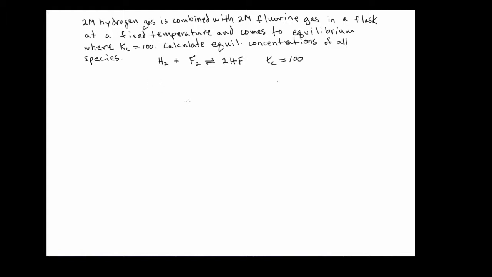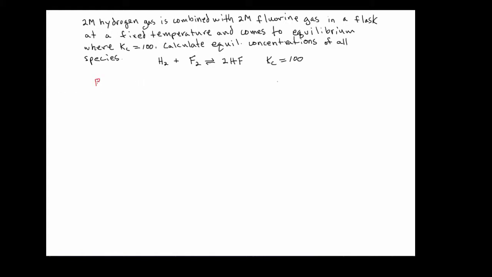Now, what we're going to do first is set up our ICE table, and the only reason I keep bringing that up is because the industry tends to use that term quite a bit. With my students, I call it the box. Essentially what we do is record our initial information and our information regarding the reaction after equilibrium occurs.